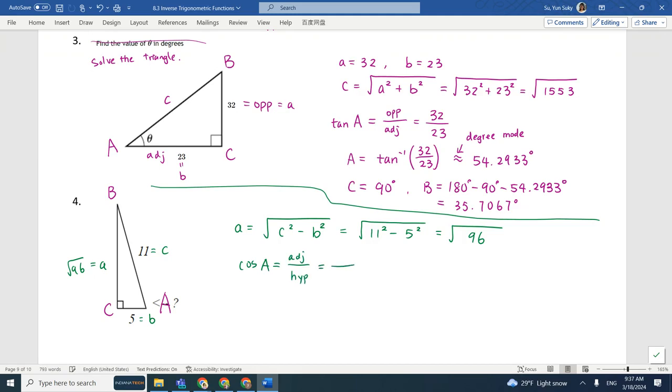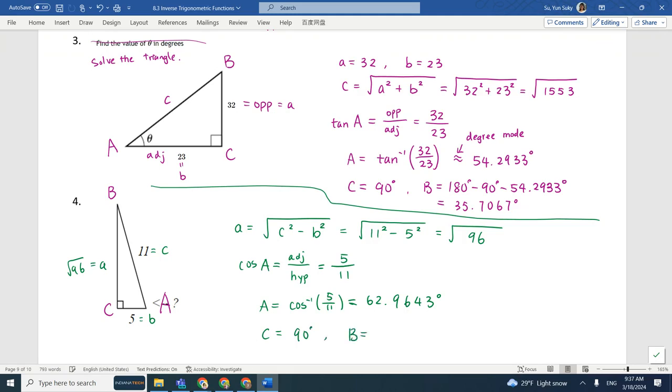What's adjacent? 5. Hypotenuse? Good. So what's A? 60. Thank you so much. So this is the inverse cosine of 5 over 11. Right, everybody? Good. And then we know angle C is 90.